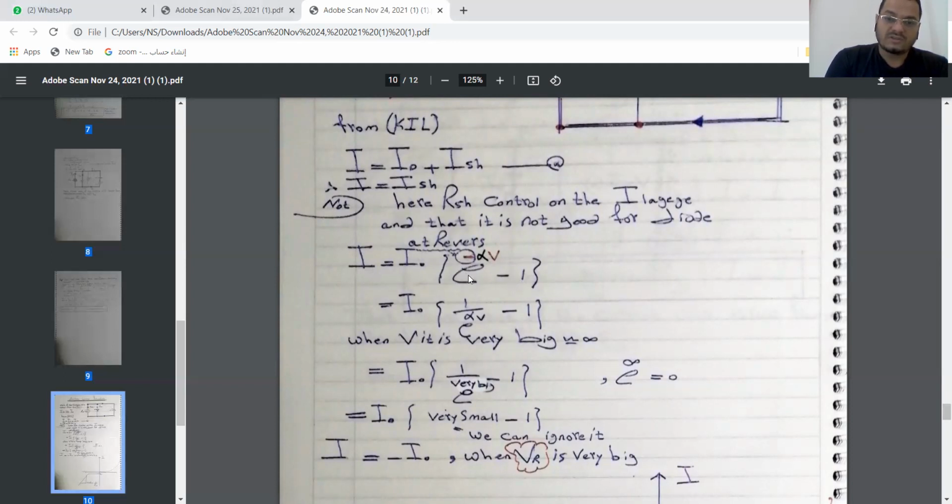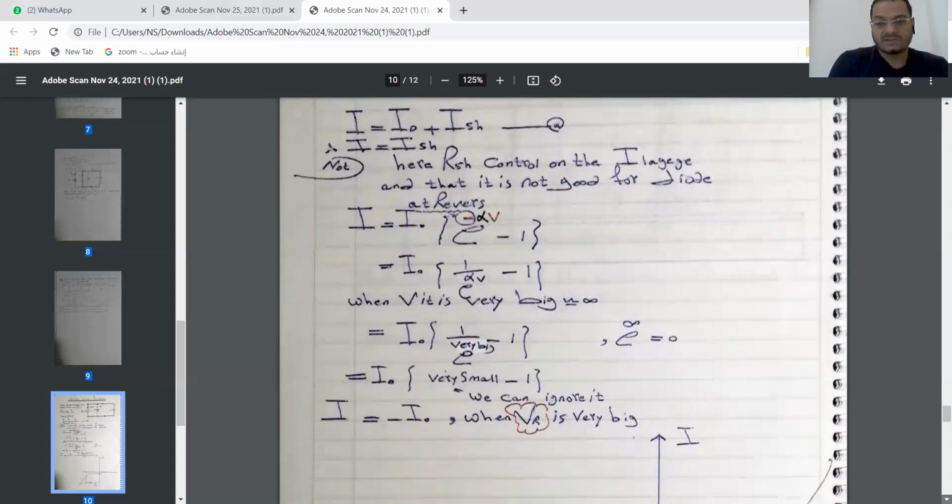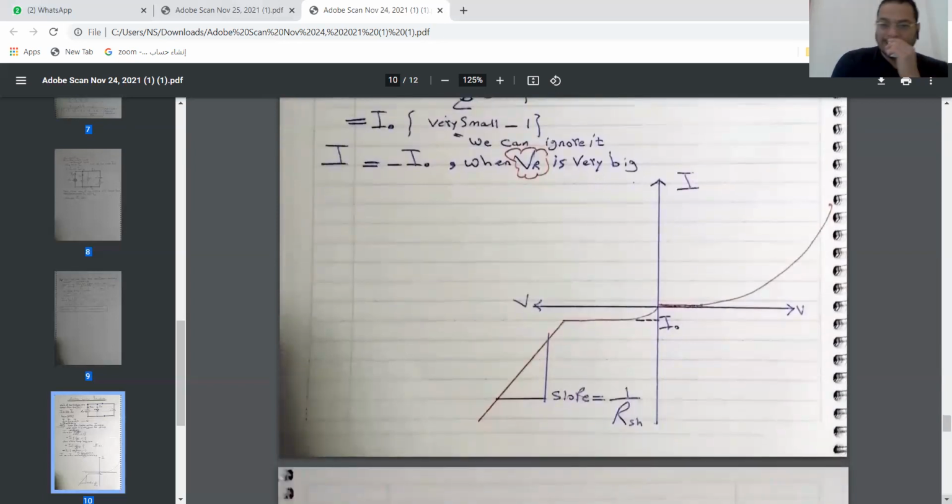This gives 1 divided by exponential alpha V, which is a very small amount because V is huge, so we can ignore it. Therefore I equals minus I naught at reverse bias. This is the saturation current, and after that the curve will start to increase.